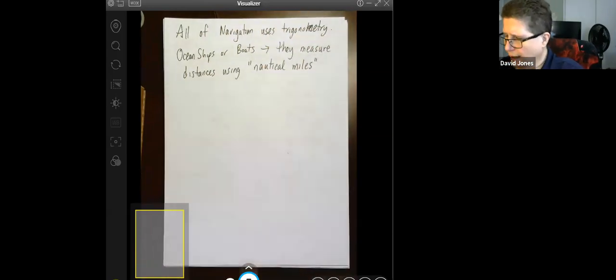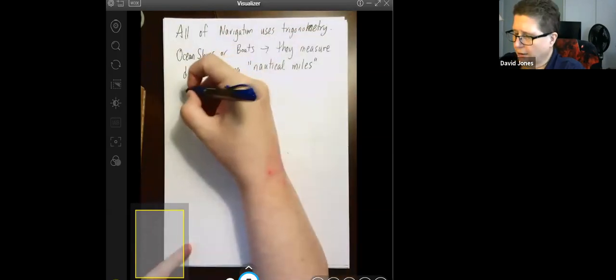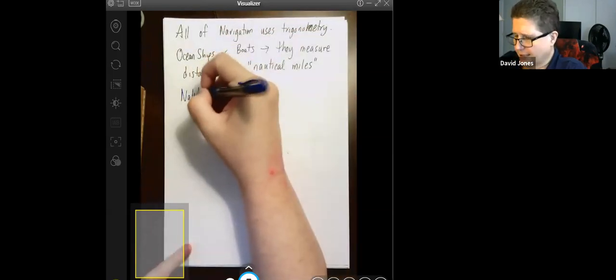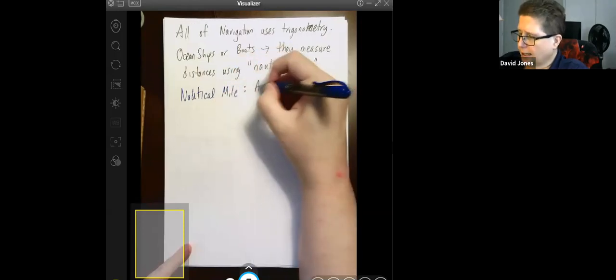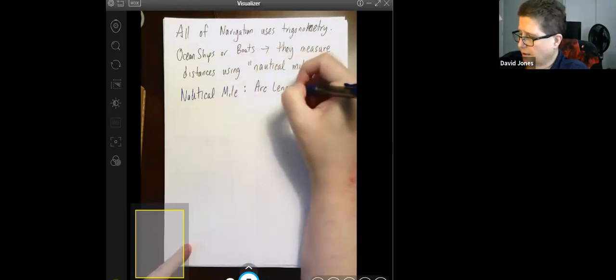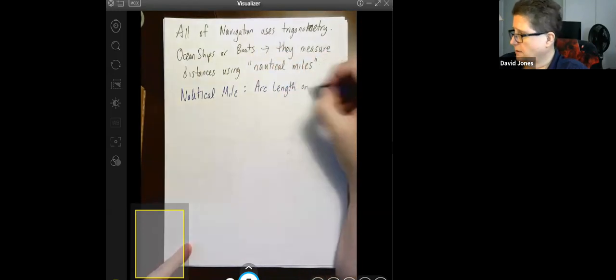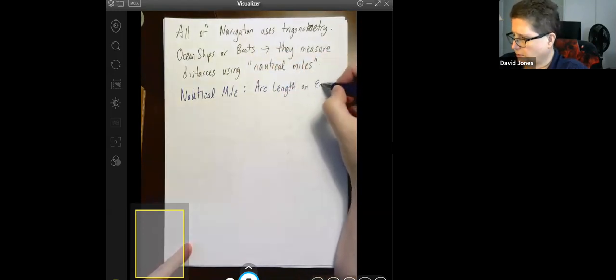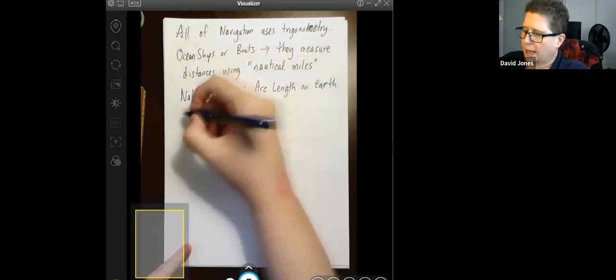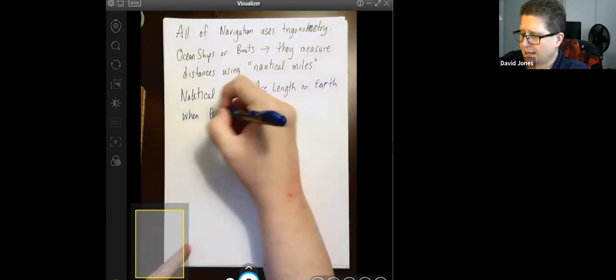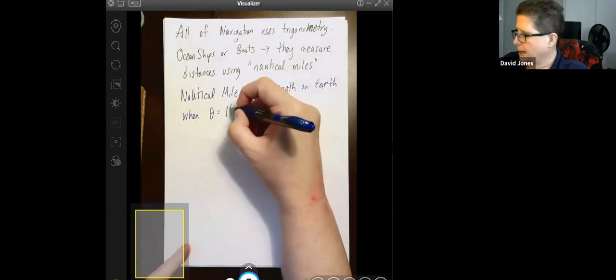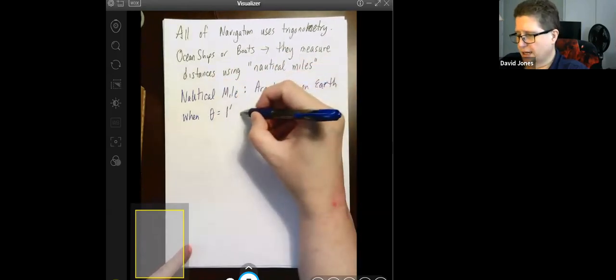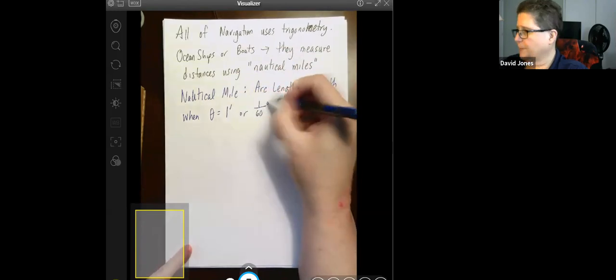For a nautical mile, this is how it's defined. It's the arc length on the Earth when theta equals not 1 degree, but 1 minute, which is 1/60th of a degree.